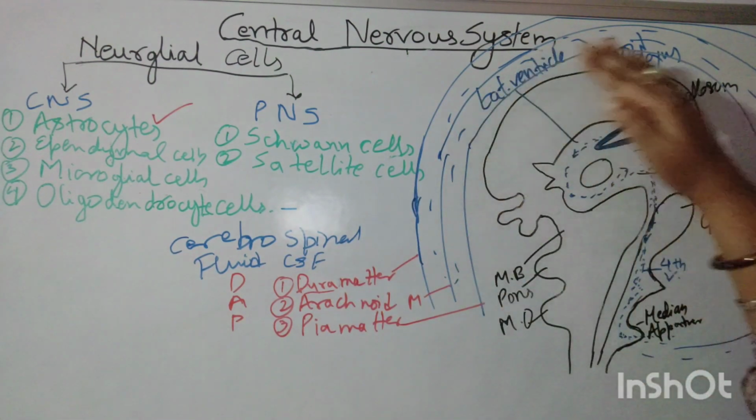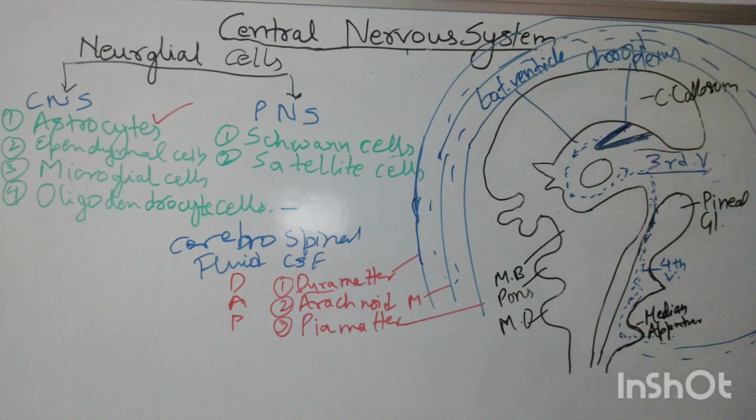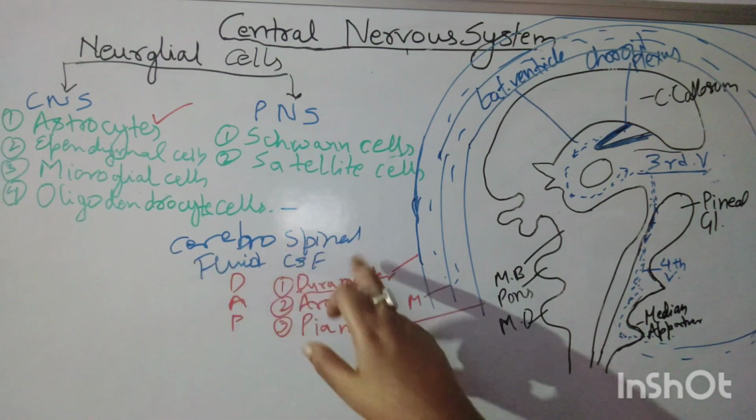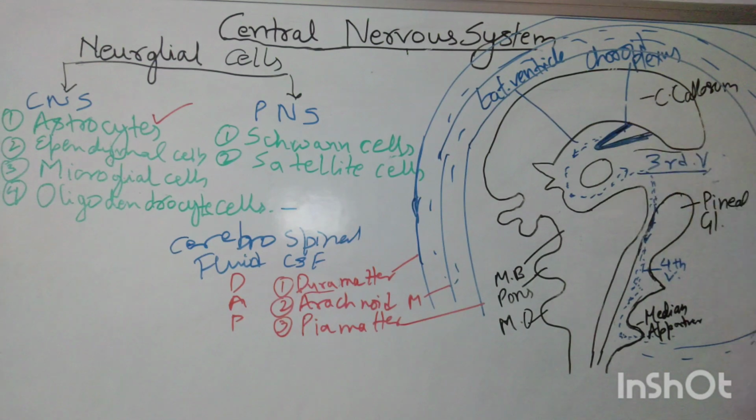Our brain is saved from that jerk, and a hemorrhage will not happen immediately unless very high pressure is applied. So this is very important. Cerebrospinal fluid is formed from the choroid plexus.